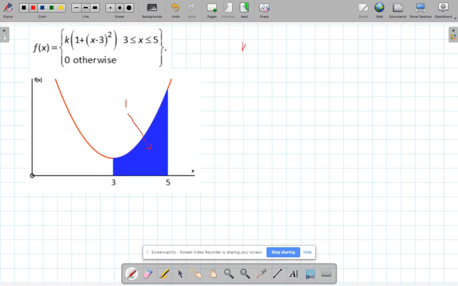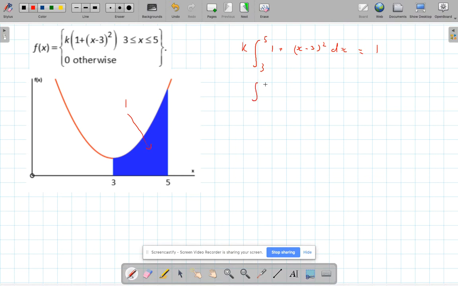So I'm going to take k and integrate 1 plus (x minus 3) squared dx. And if I put in these values of 5 and 3, this thing equals 1, simply because this is the probability and the area must be 1.